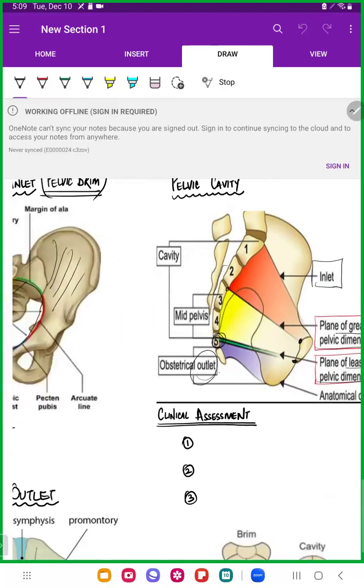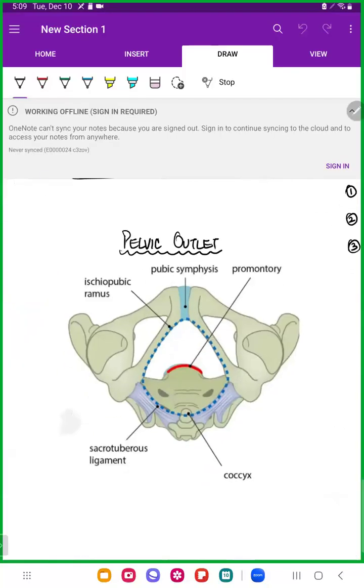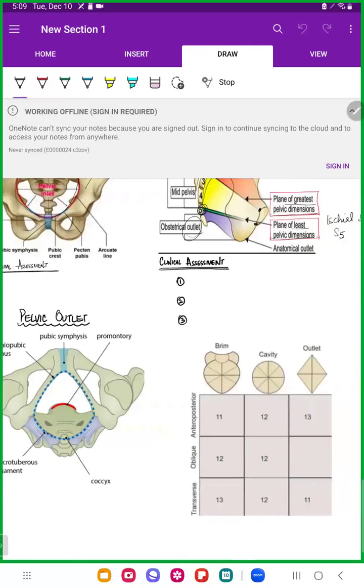Okay. Next is pelvic outlet. Pelvic outlet is a diamond shaped structure or plane. So anteriorly it is bounded by pubic symphysis, anterolaterally by ischiopubic ramus, posterolaterally by the sacrotuberous ligament, and posteriorly by the tip of coccyx. Okay, so this is pelvic outlet.